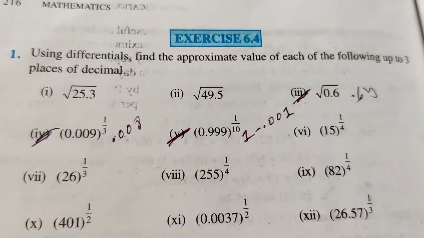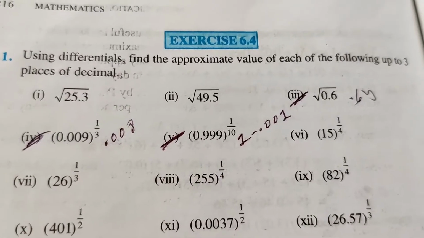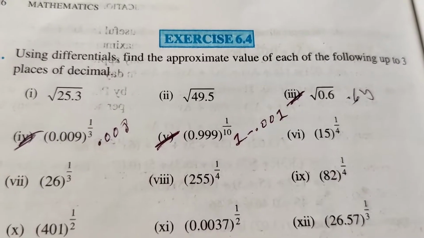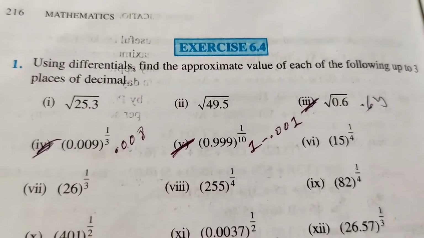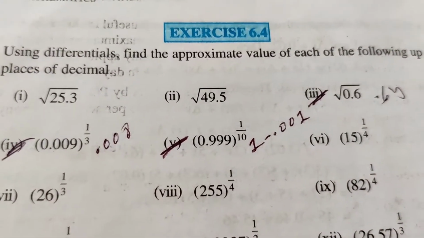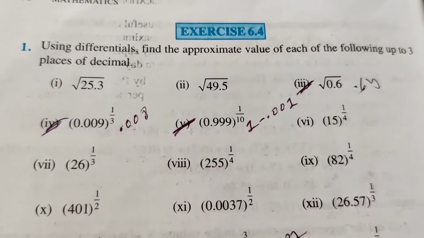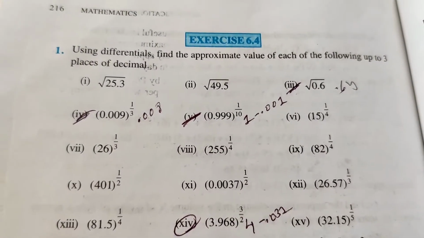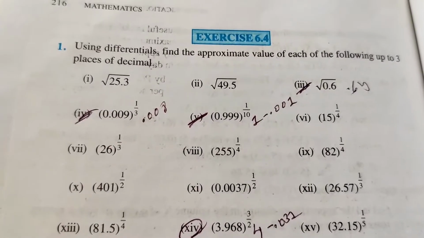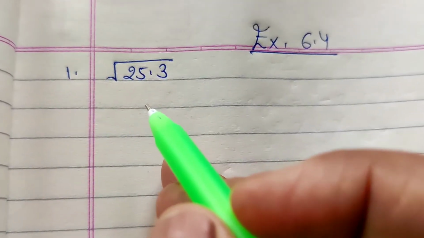Exercise 6.4. Question number 1: using differentials, find the approximate value of each of the following up to 3 places of decimals. Root 25.3.